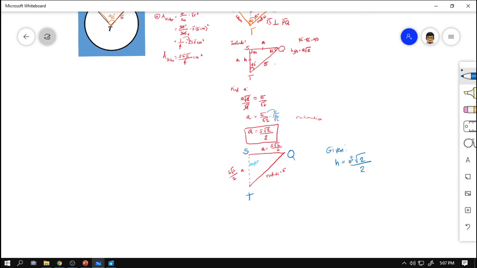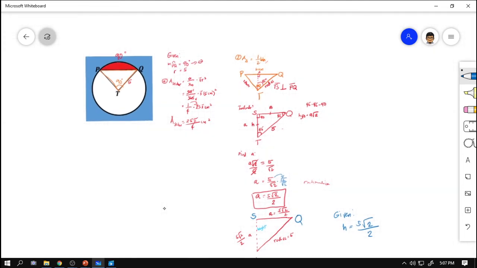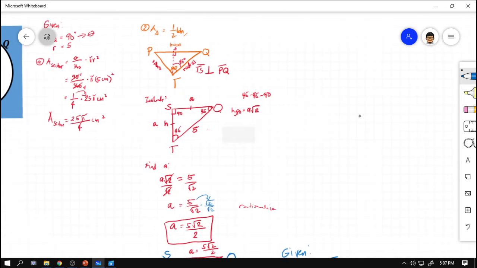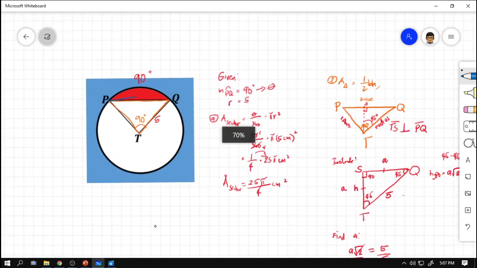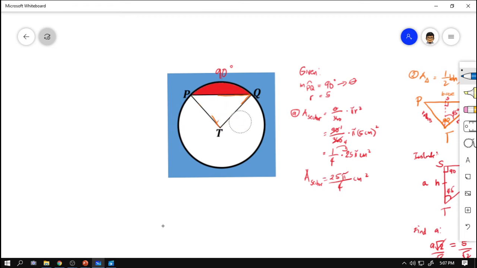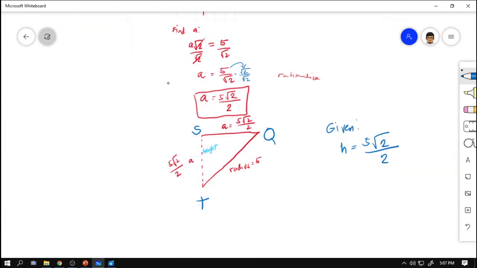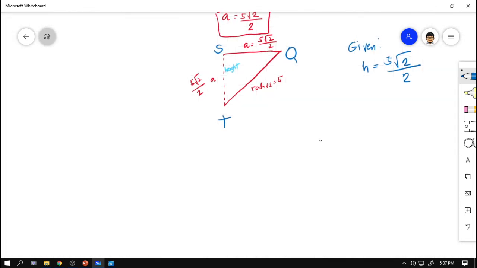Next, yung base naman natin, pag sinabi mong base, ito yon. So, PQ is the base. So, in this part, yan, si PQ yung base natin. Ito, si PQ. So, kung pupunta tayo dito, ito ang base natin.